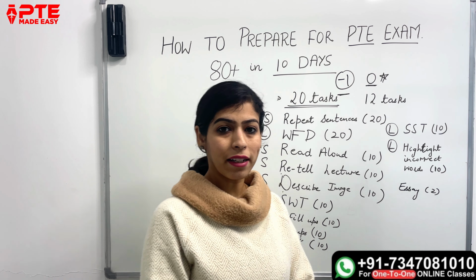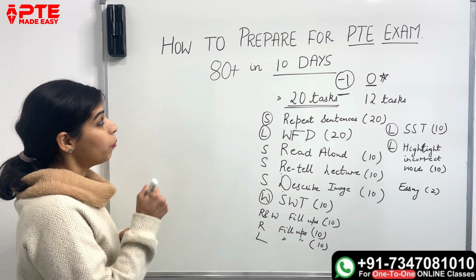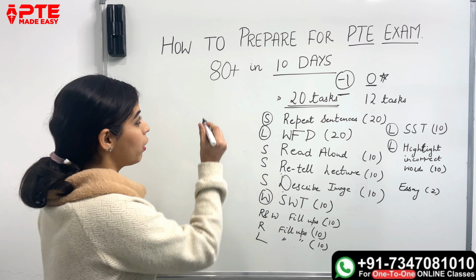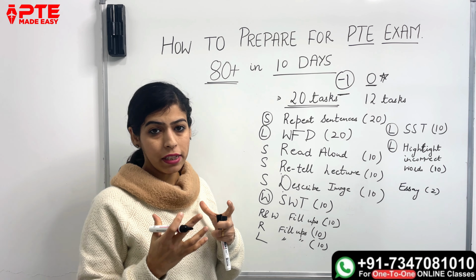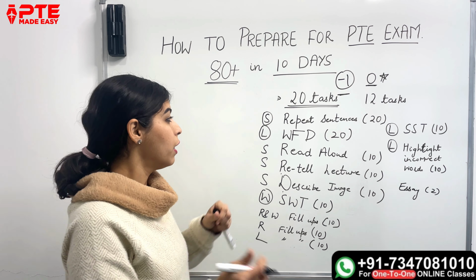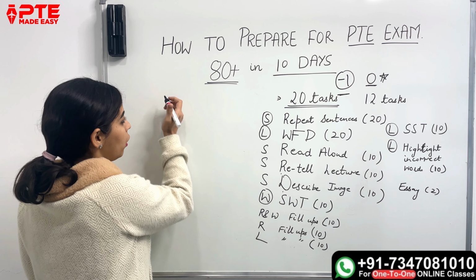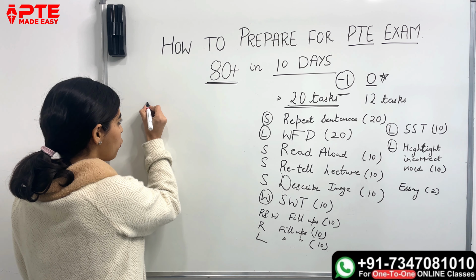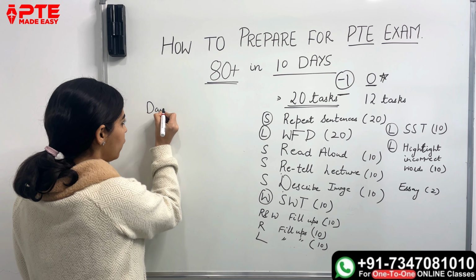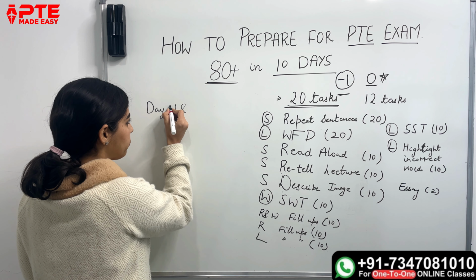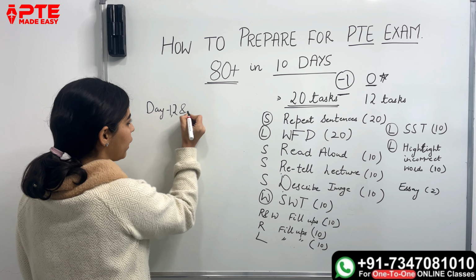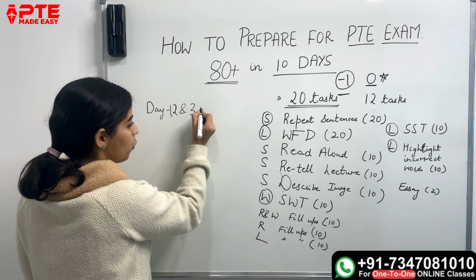Now let's get started with the session. So you are aiming for 80 plus in just 10 days. So how can you prepare in such a manner that you score this? So first of all, we need to make a list. We have day 1, 2 and 3.